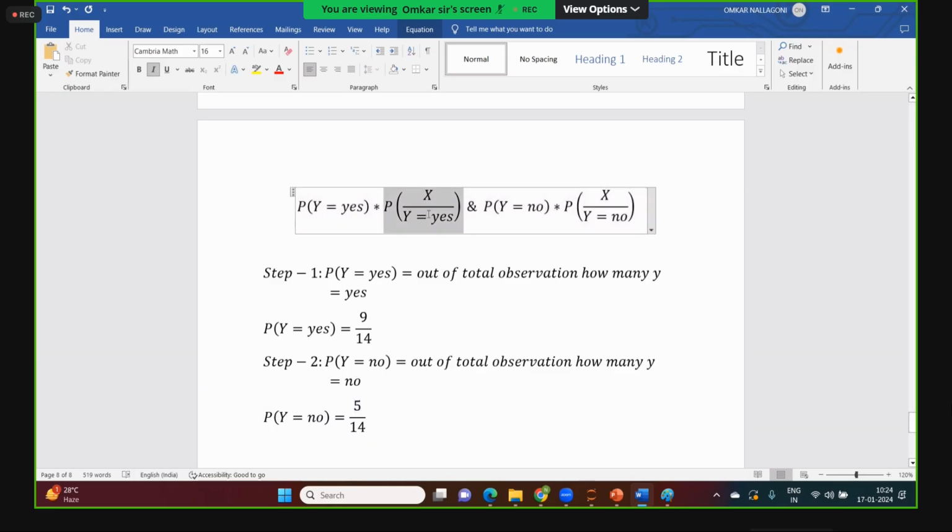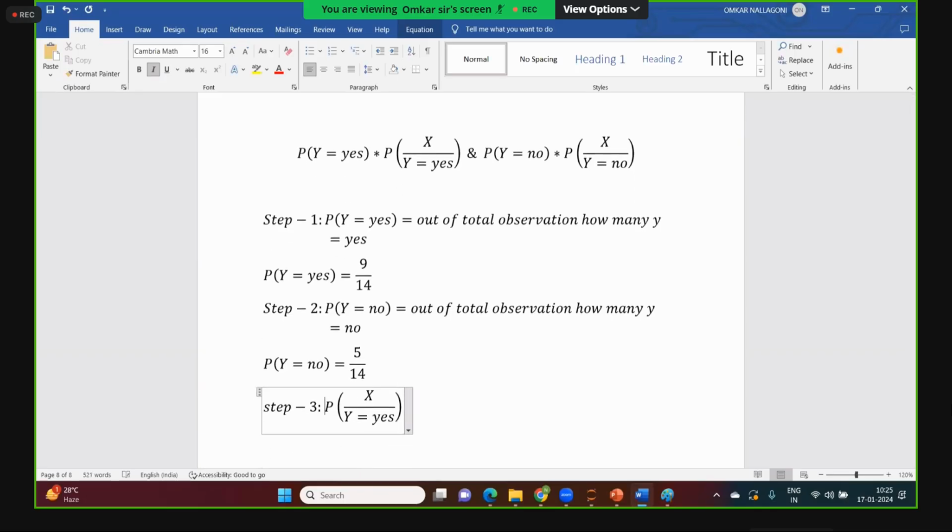Next, P of X given this one, step 3. Do with me, then only you will get the output. Now P of X given Y equal to yes. What is the X?